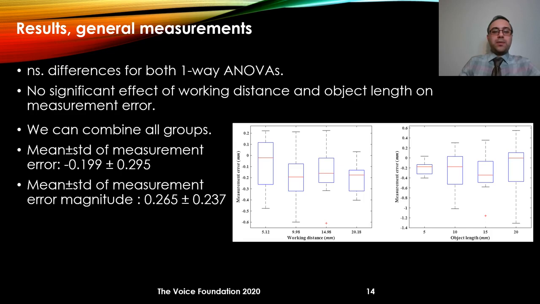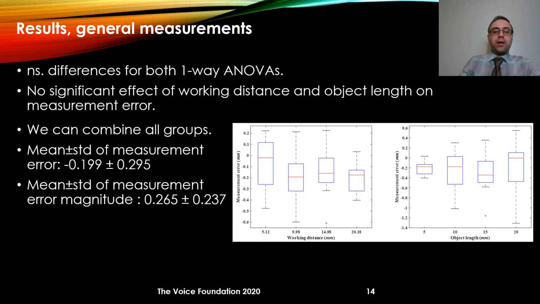From each measurement, we found the value of error, and then we ran 2 sets of one-way ANOVA. One investigated the effect of working distance on measurement error, and the other investigated the effect of the length of the object on measurement error. None of these were significant.